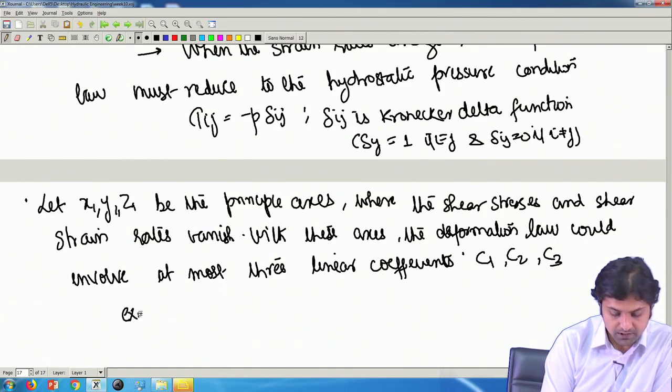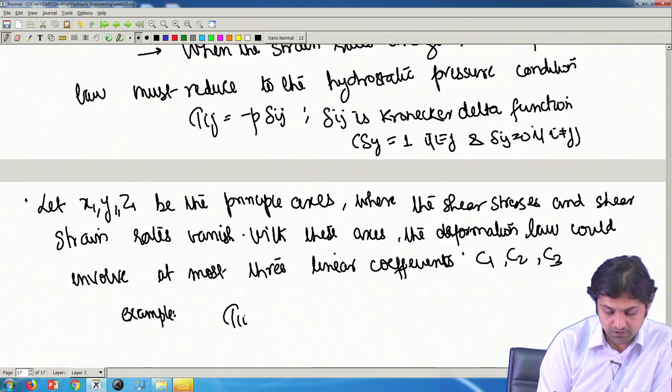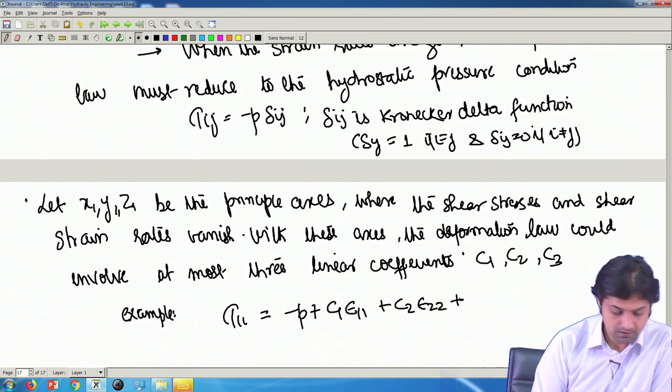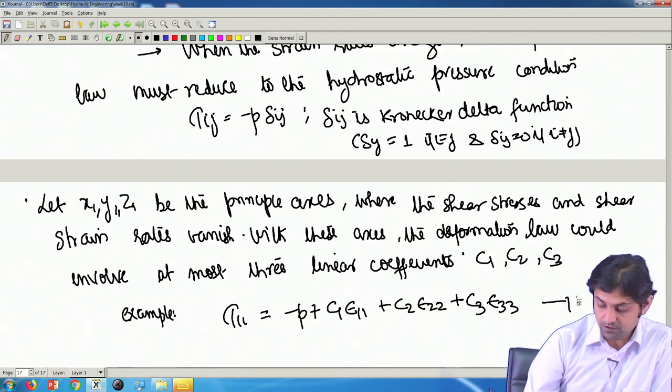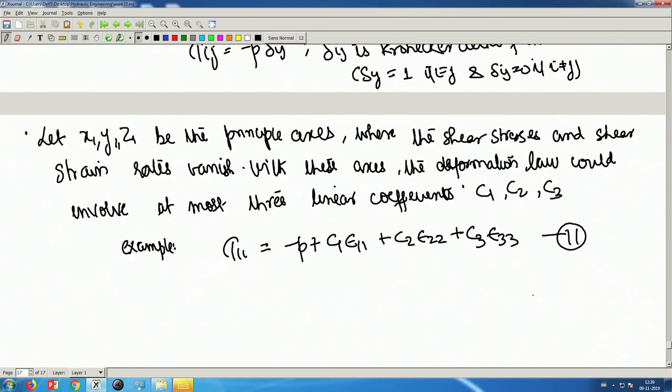So, for example, if you want to write tau 11, it will be minus p plus C1 epsilon 11 plus C2 epsilon 22 plus C3 epsilon 33. This we call equation number 11.